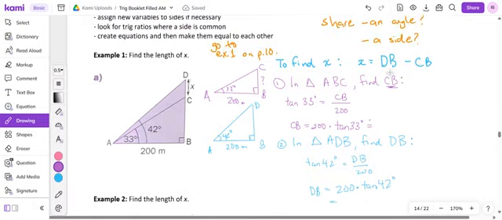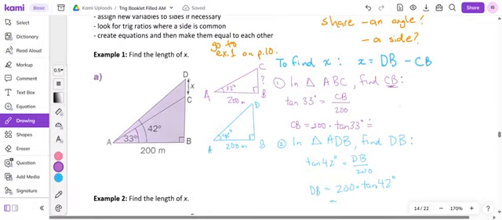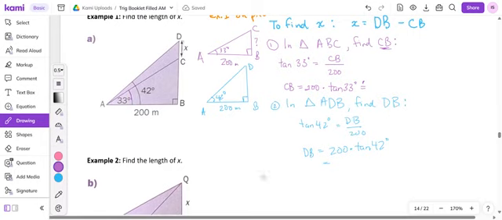Are we told how to round here? We're not. What do you think? Nearest tenth? I think 1 decimal is good.